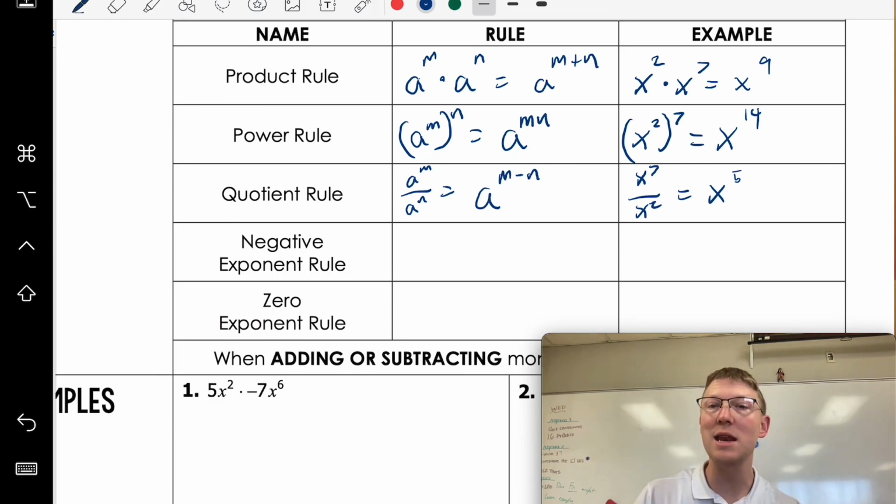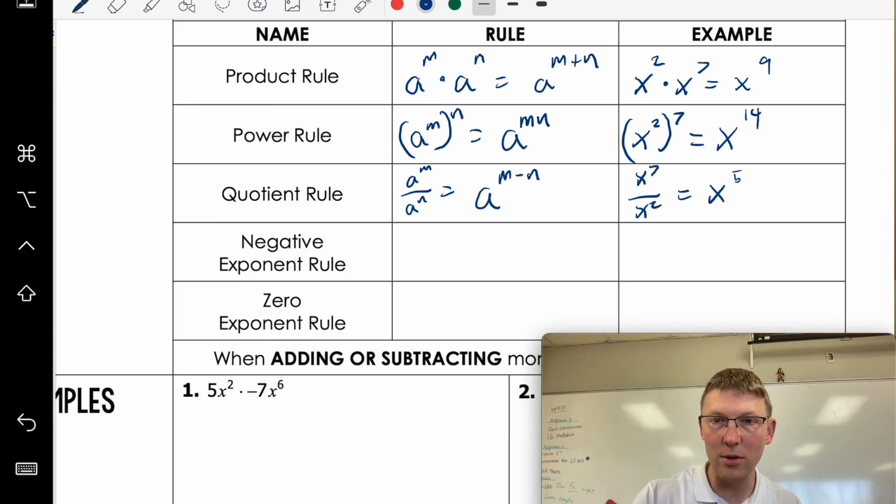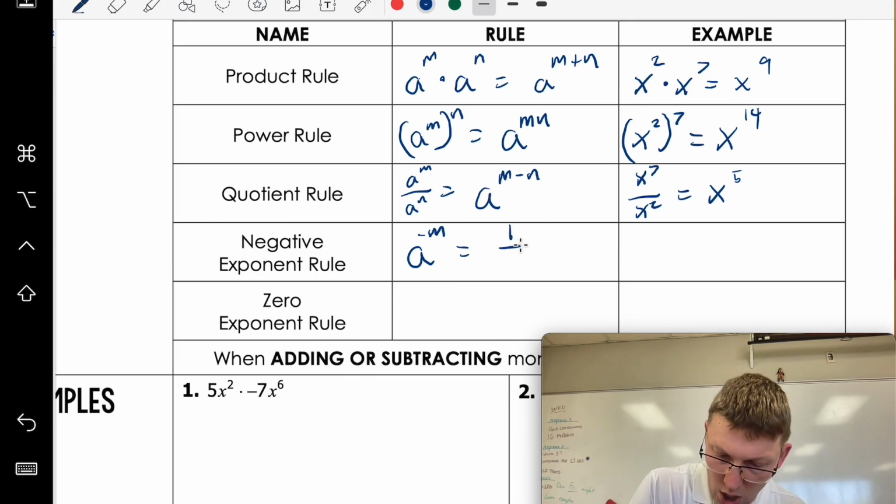Okay, so we've got the negative exponent rule. We're going to see this one a bunch as well. Actually, we're going to see all of these a lot, so let's get these down. The negative exponent rule: we've got a raised to the negative mth power. That is the same as 1 over a to the m power.